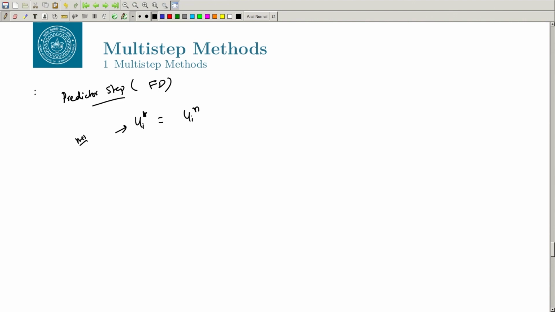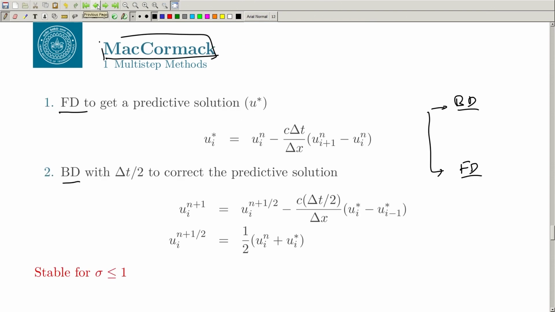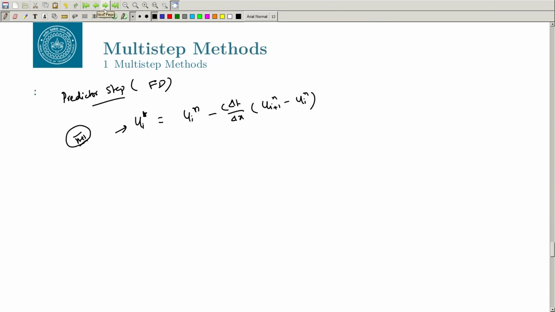I am calling this n plus 1 bar. u_i star equals u_i^n minus delta t by delta x times c, and you are using the forward step first, so this is u_{i+1}^n minus u_i^n. So this is your predictor step, and then you go to the corrector step.